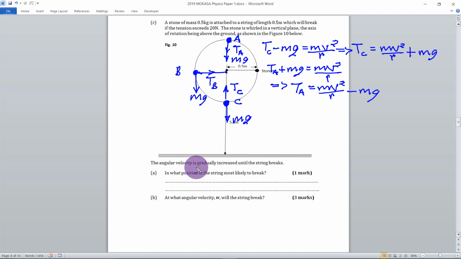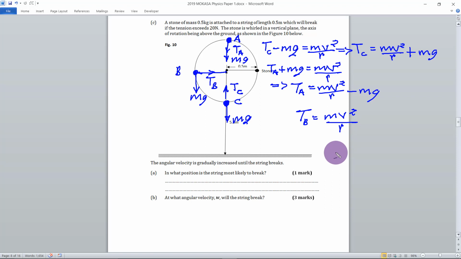The angular velocity is gradually increased until the string breaks. Suppose we assume that at a certain speed, this is the situation. Then you find that at one point I'm subtracting mg, at another point I'm adding mg. So definitely you can see that Tc is greater than Ta. And of course at point B, it's only Tb which provides the centripetal force.